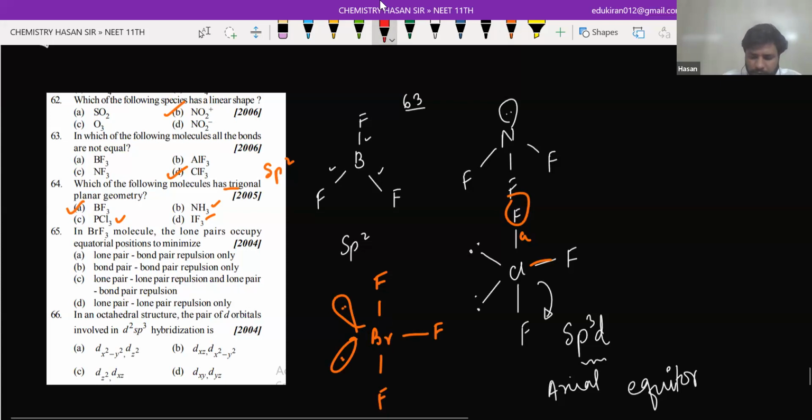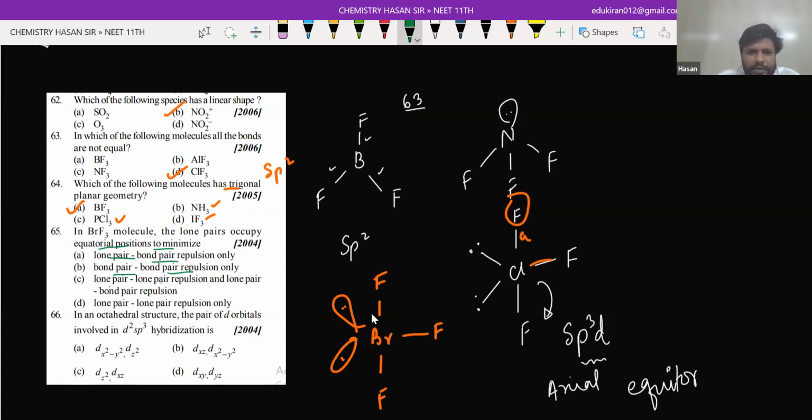But the structure will be different because it has lone pairs, so there will be repulsion. They ask why the lone pairs occupy equatorial positions: to minimize lone pair repulsion.